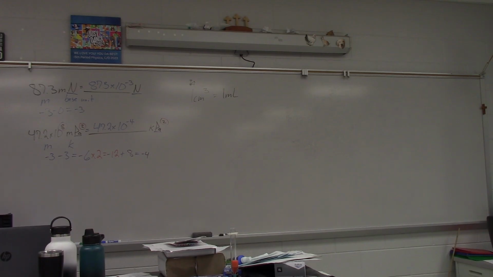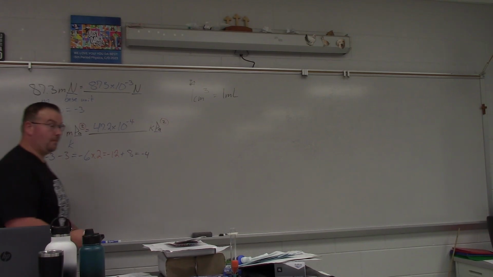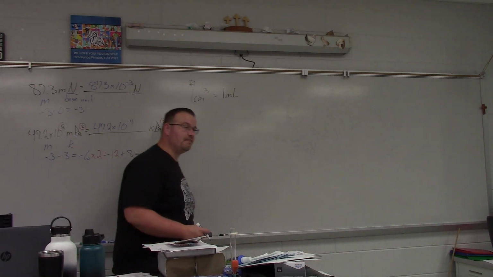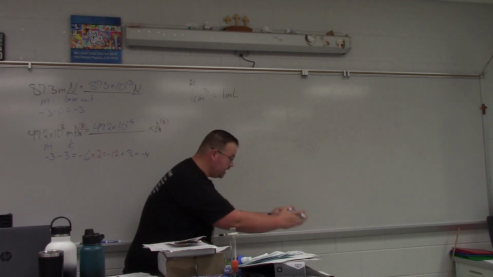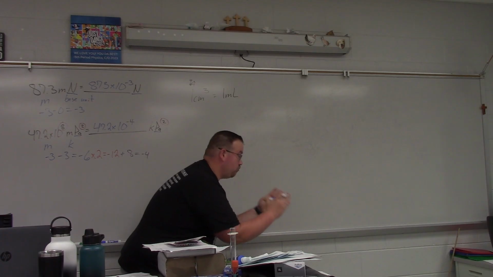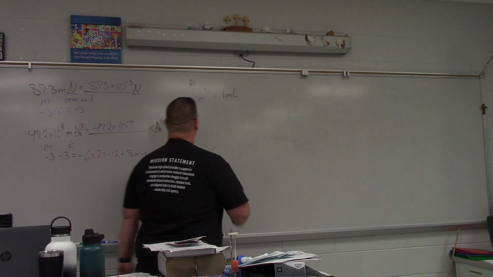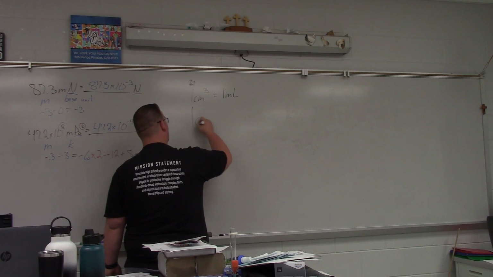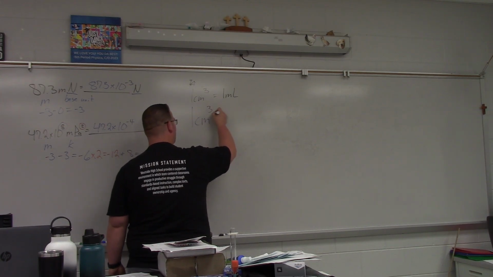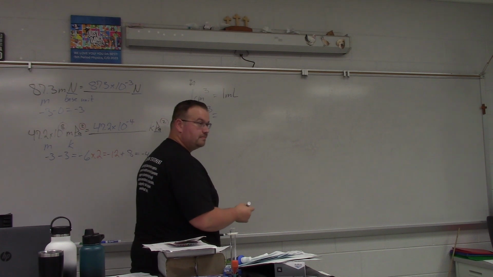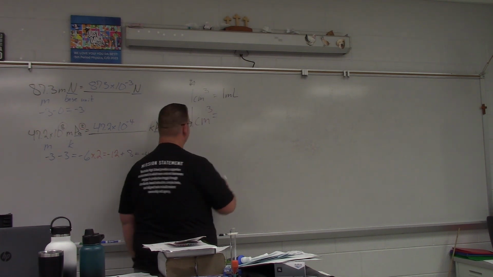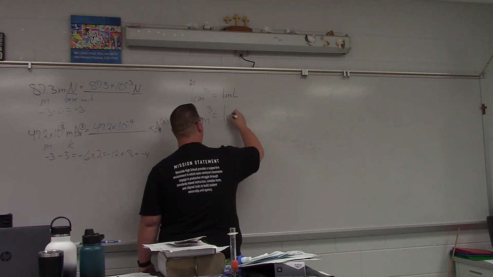I promise you, I'm telling you right now, make this look like a 747 Airbus is about to land on your notebook paper. Because I promise you, I'm going to trick you with this. For those of you that have had me before, perfect. 1 cubic centimeter equals 1 milliliter.